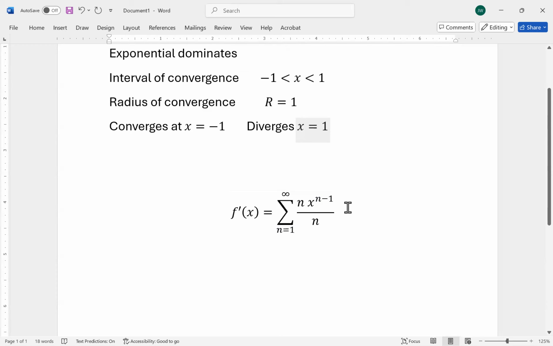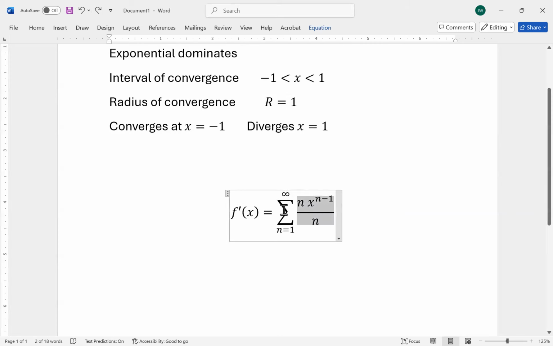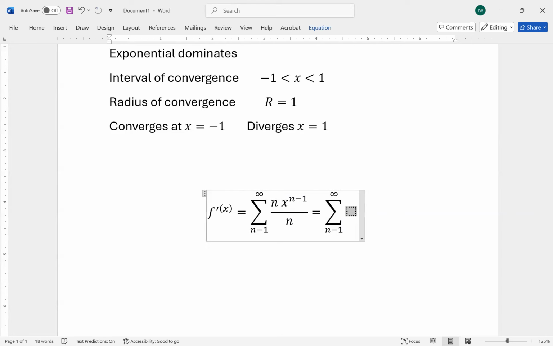So when I take the derivative, what's going to happen is this n and this n are going to cancel out, and I'm just going to be left with an infinite sum from 1 to infinity of x to the n minus 1.